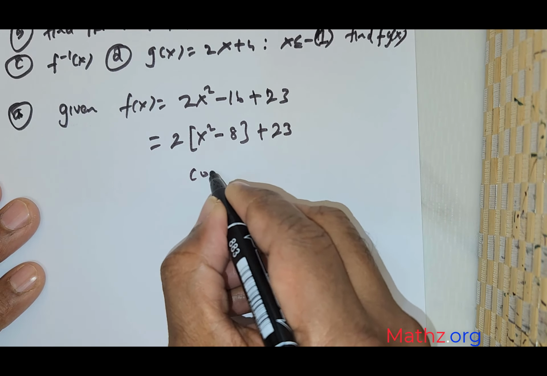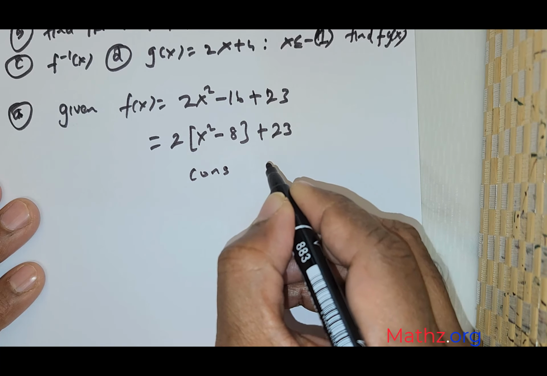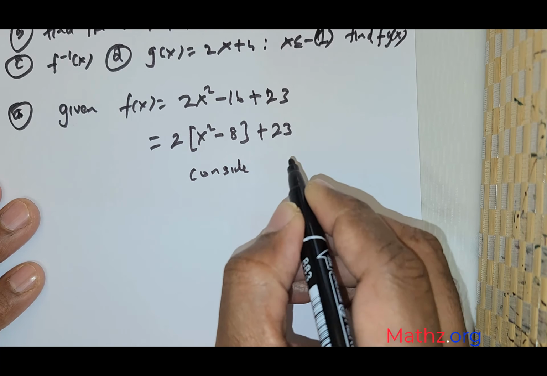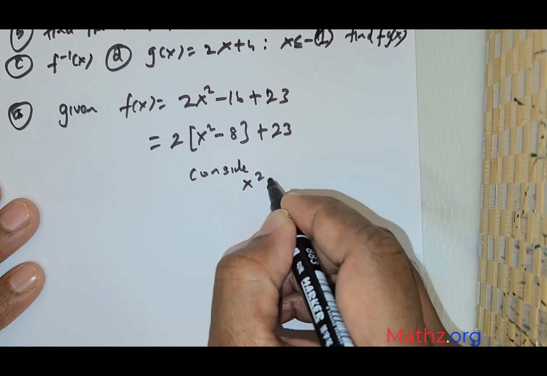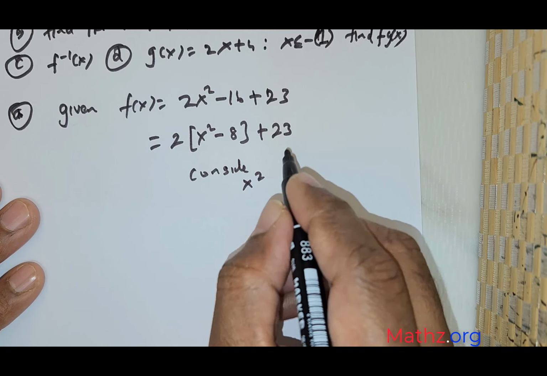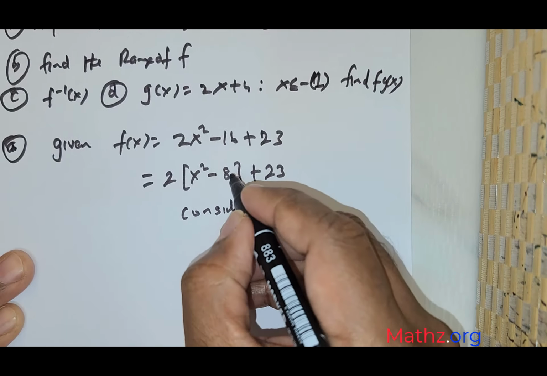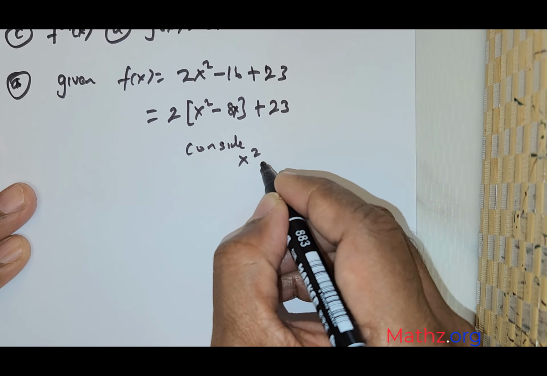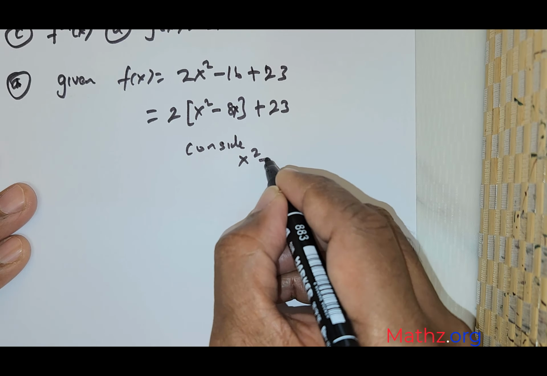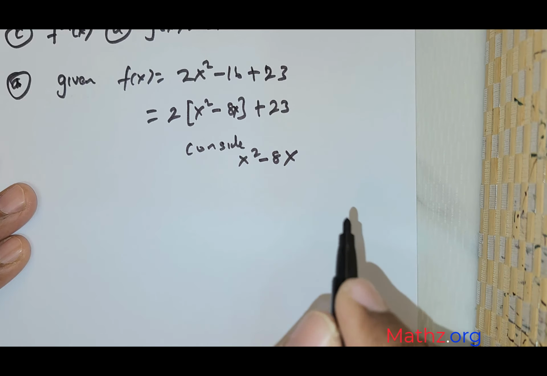Now let me consider x squared, actually this is 16x, right? So you have an 8x there. So let me consider x squared negative 8x.